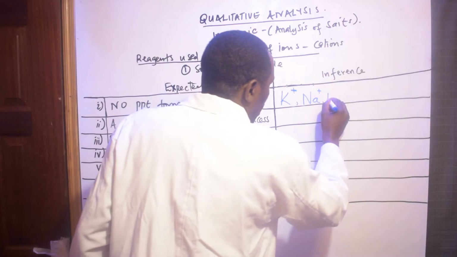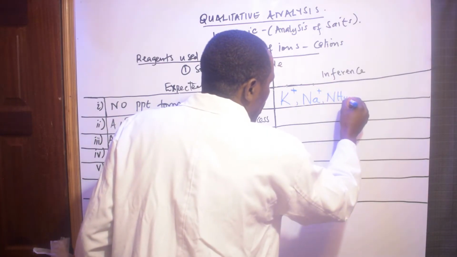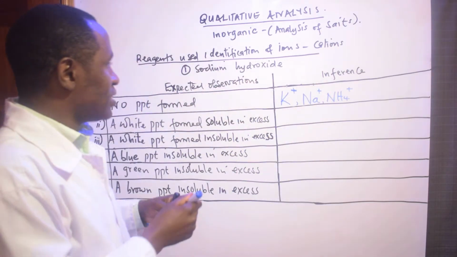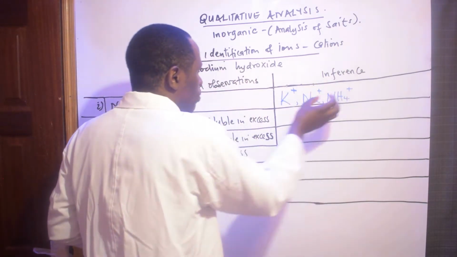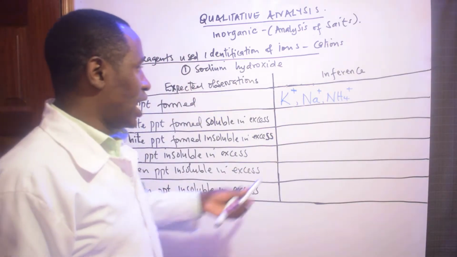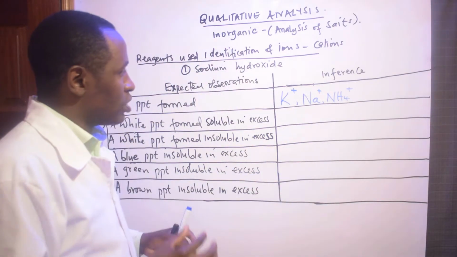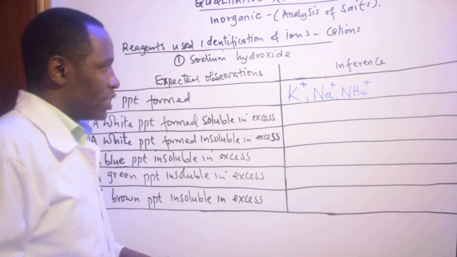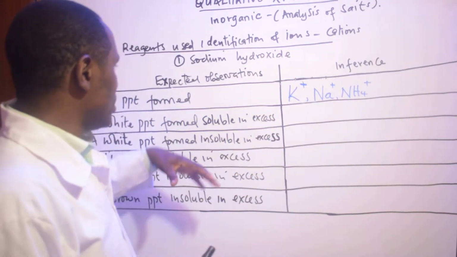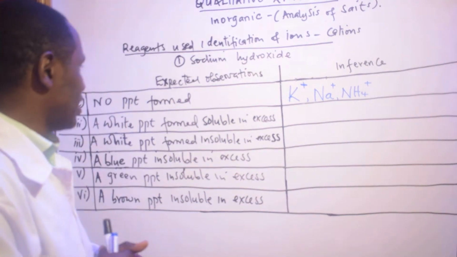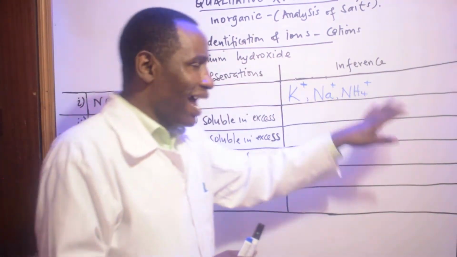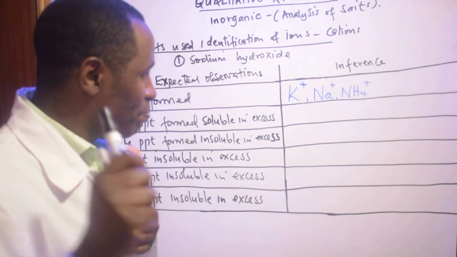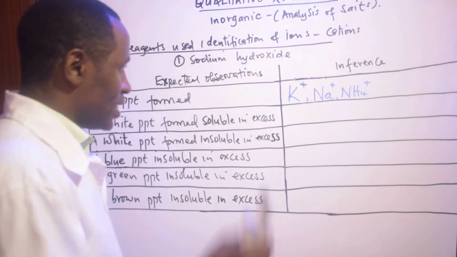Then we also have the ammonium ions. These are the only soluble hydroxides as far as our level is concerned. So if you add sodium hydroxide in excess and no precipitate has been formed, then potassium ions, sodium ions, and ammonium ions could be present.